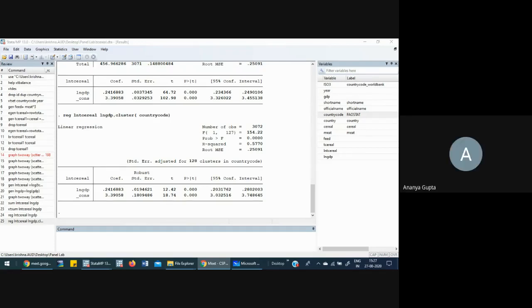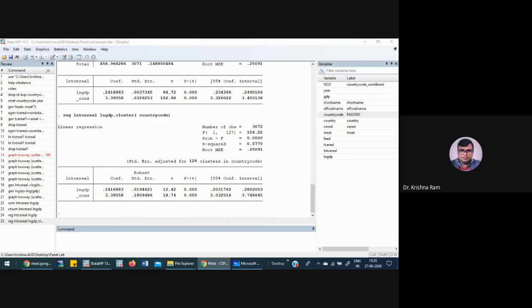Sir, I just want to ask, don't we always prefer a lower standard error because it will affect the significance of the variable? Preferring a lower standard error, if it comes without any other kind of problem, then in that case it is good.